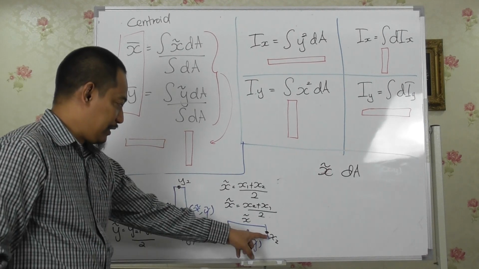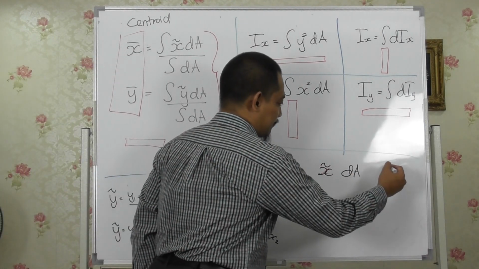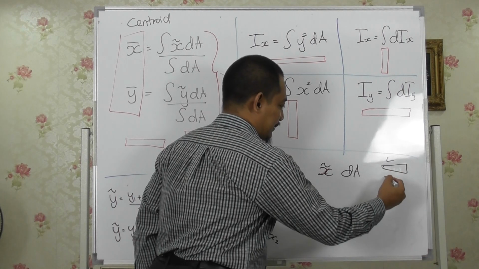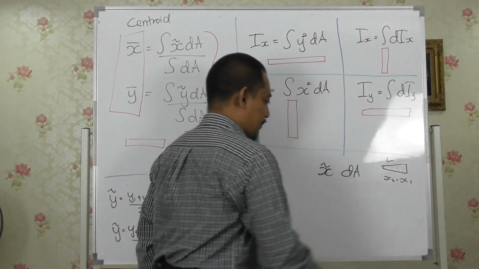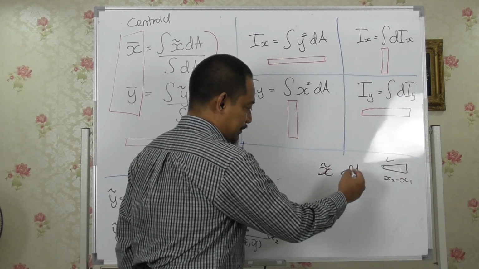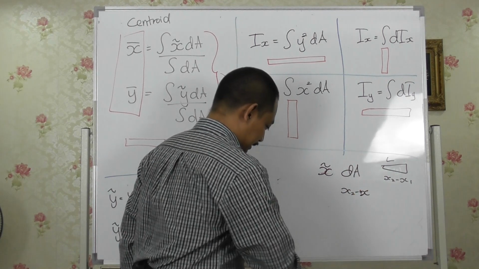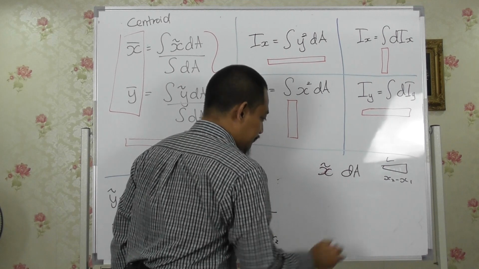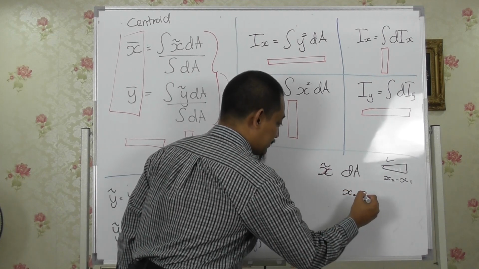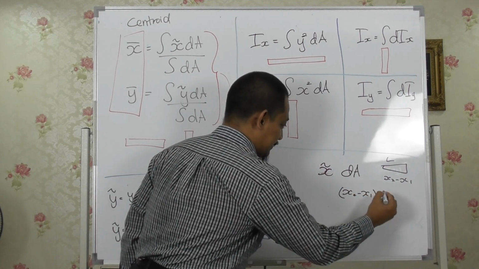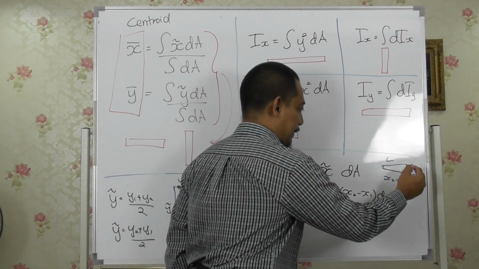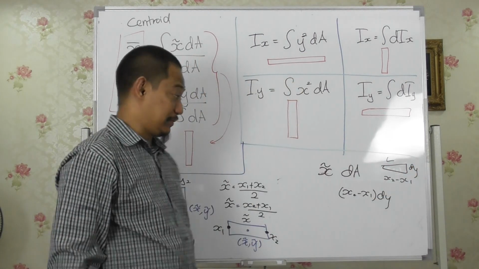So if you focus here, L in dA is basically x2 minus x1. So that's why in this dA, sometimes you have x2 minus x1 and then dy, because this is dy, right? If this is the element, for example.